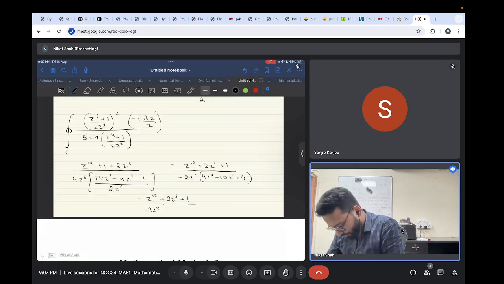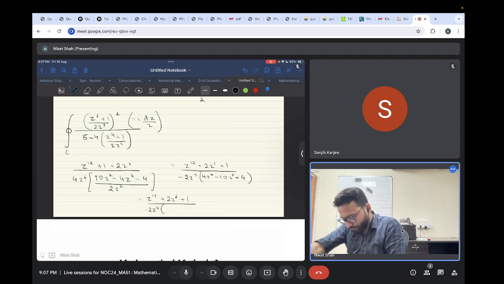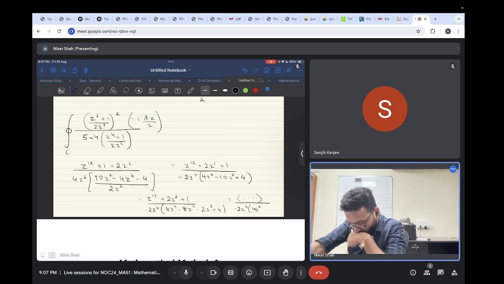So 2z^4 minus 2z^4, 4z^4 minus 8z^2 minus 2z^2 plus 4 is equal to the numerator. I am writing it as dots now. It's 2z^4. 2z^2 minus 2.